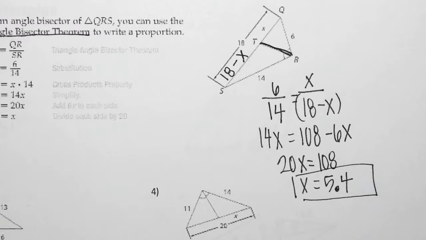Okay, what I want you to do now is I want you to try 3 and 4, and then we'll go over it. 3 and 4.